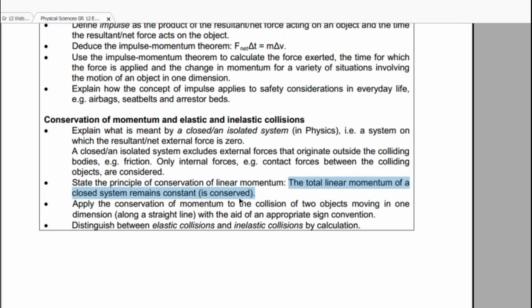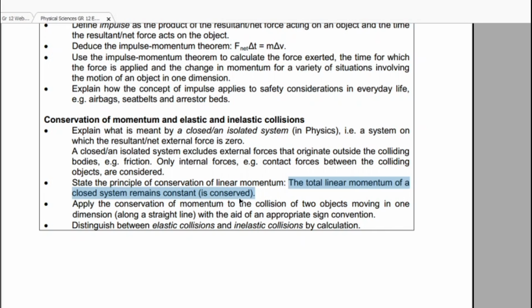Or calculate the velocity after collision or the mass after collision. So it is a principle that applies in most exam questions. The total linear momentum of a closed system remains constant. I will show you how this principle is applied in the questions.